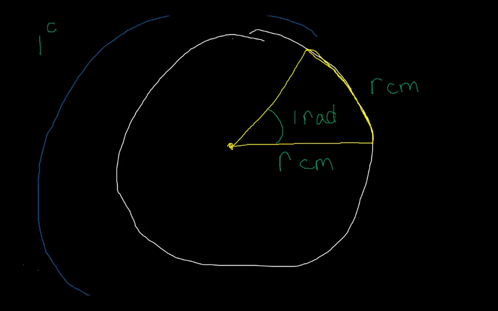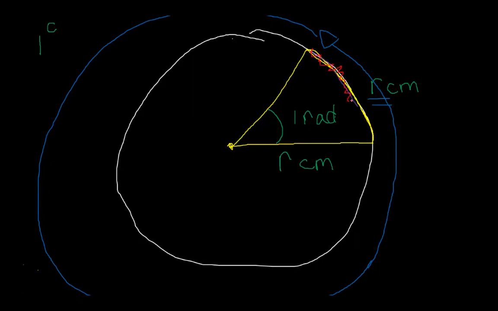So there's the whole circumference here. The line is going underneath, right? But anyways, the whole circumference. How many arcs of length r can I get in this whole circle? Let me use purple.